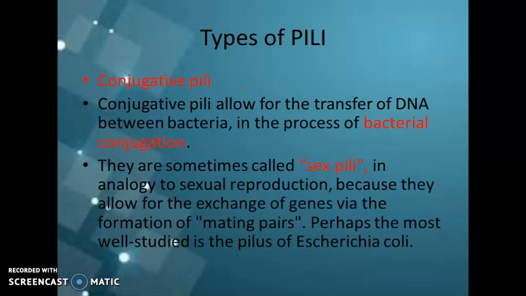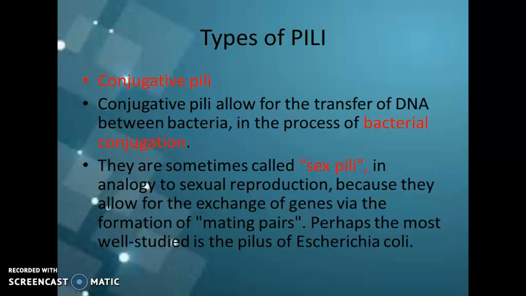Next we can discuss the types of pili. The first one is conjugative pili. What is the peculiar character of conjugative pili? Conjugative pili allow the transfer of DNA between bacteria.